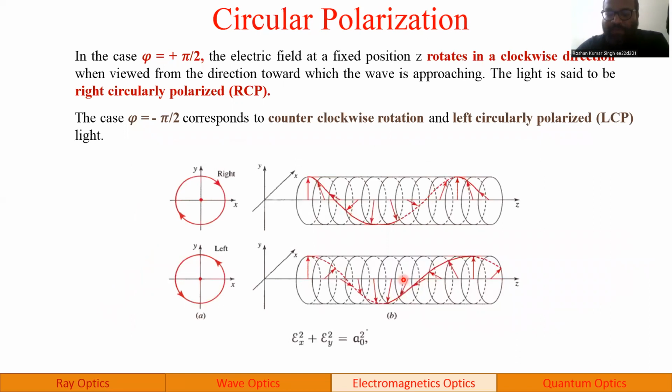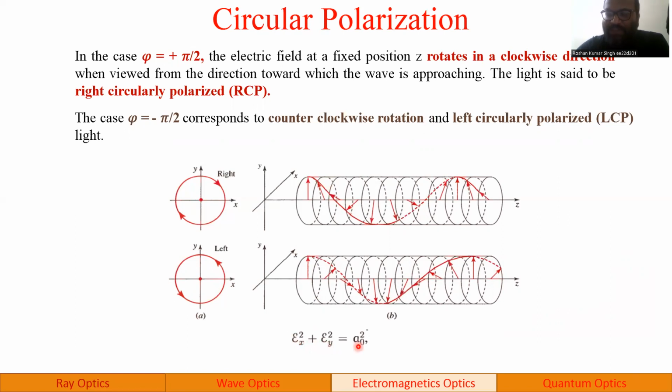But when the phase difference is pi by 2, then the electric field propagates in the z direction and seems to rotate. The electric field and magnetic field components are treated equally and follow this rule.